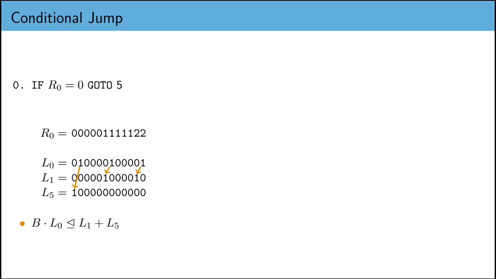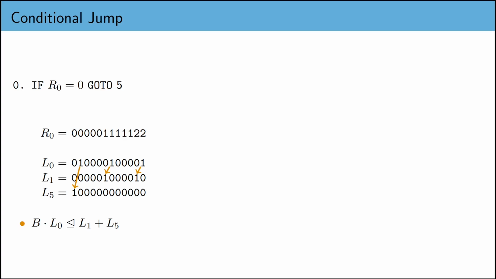But generally, you're going to want to translate conditional jumps with an inequality to allow for other ways of getting to the target lines. But in order to fully constrain our conditional jump, we need to be able to determine which of L1 or L5 we're going to jump to.